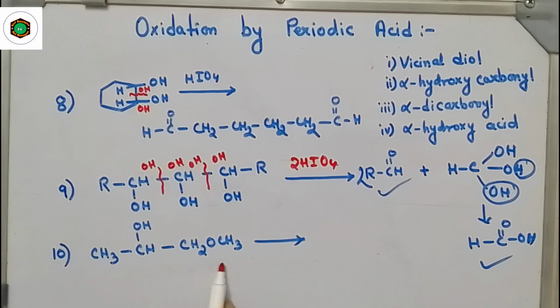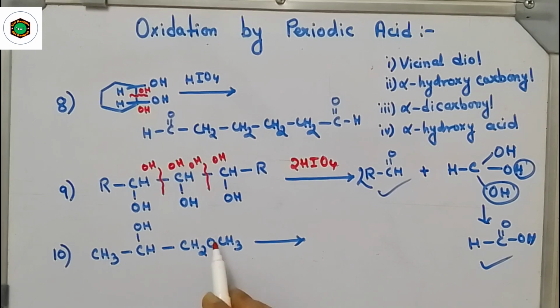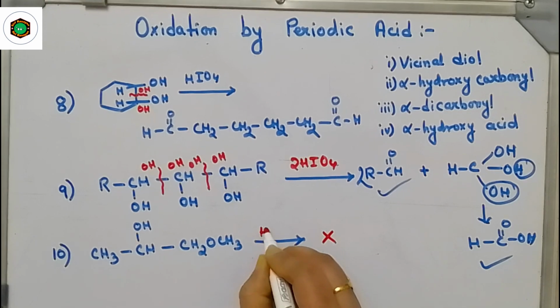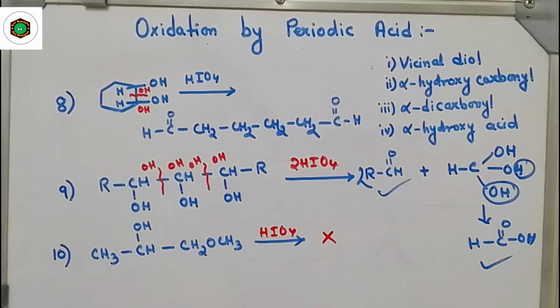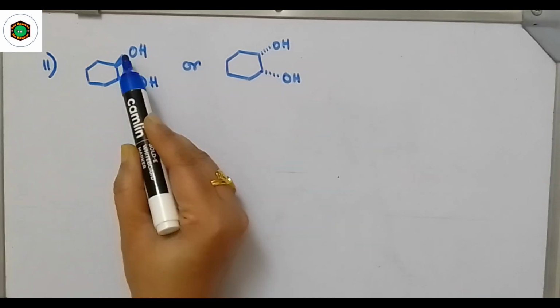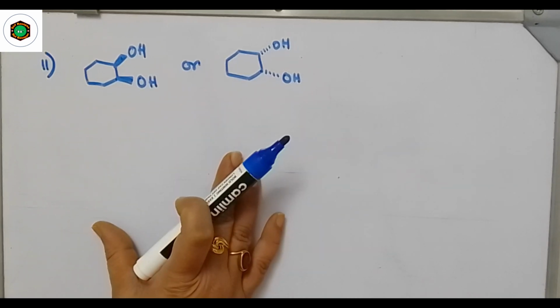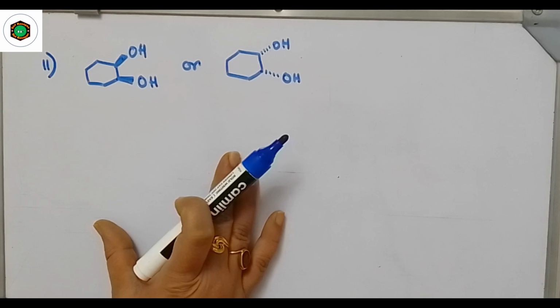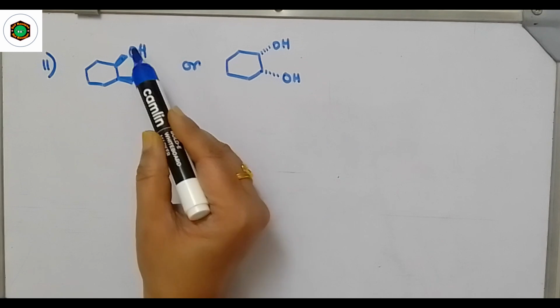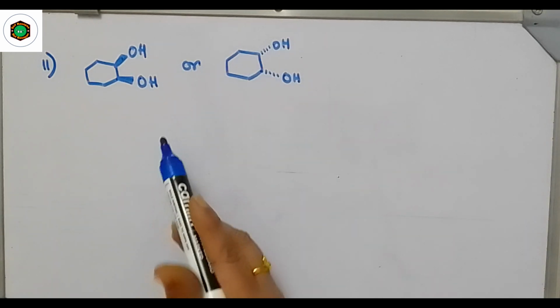See, this is not vicinal diol system, this is ether. So there is no reaction with periodic acid oxidation. This is cyclohexane 1,2-diol. So vicinal diol is there. So it will give periodic acid oxidation product. Now see here, both the OH groups are here above the plane, means at the same side.